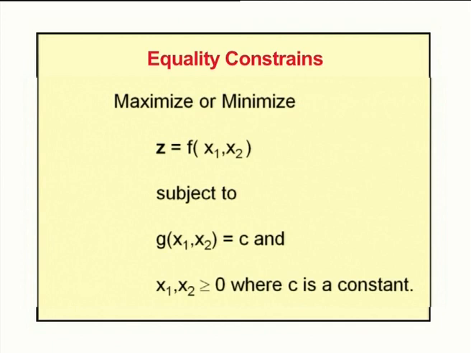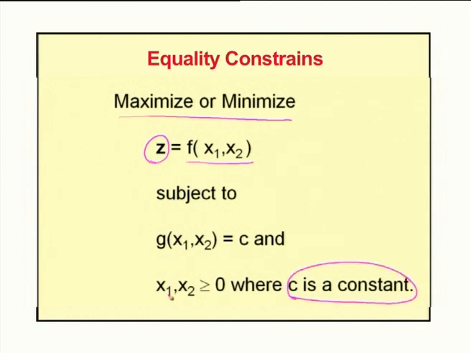Consider the NLPP which is either maximize or minimize the objective function z in terms of 2 variables, f of x1, x2, subject to the constraint g of x1, x2 is c, where c is a constant, and obviously the decision variables x1, x2 greater than or equal to 0.